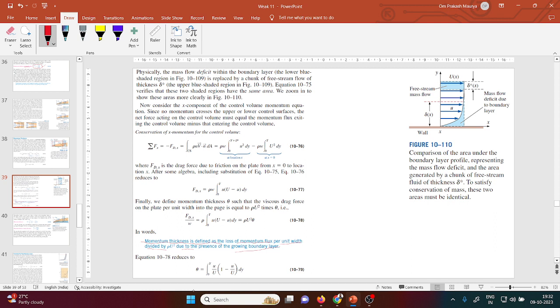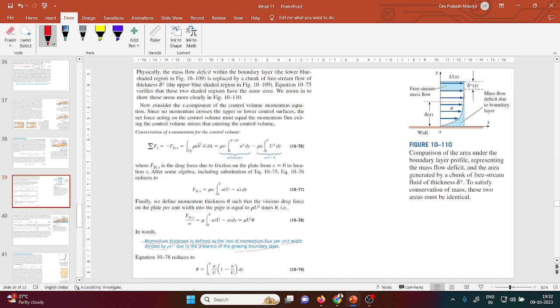Flux here is used for transfer; we saw momentum transfer in the previous session. So momentum flux means momentum transfer.